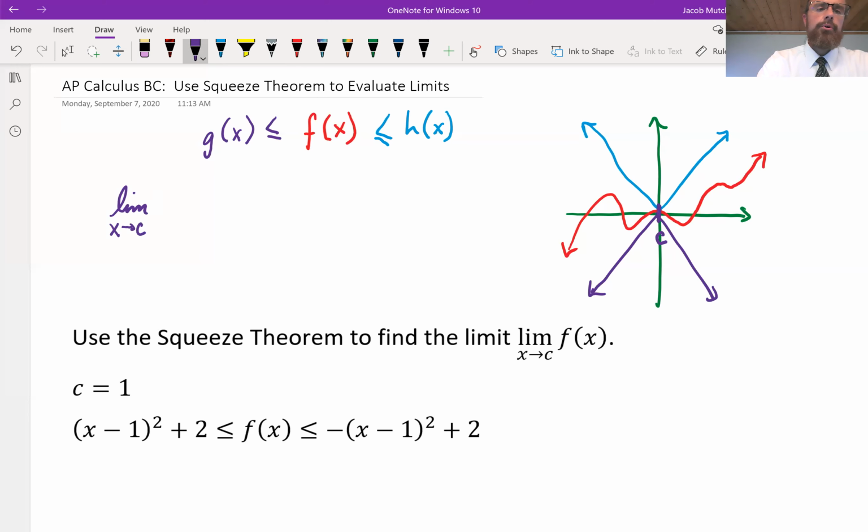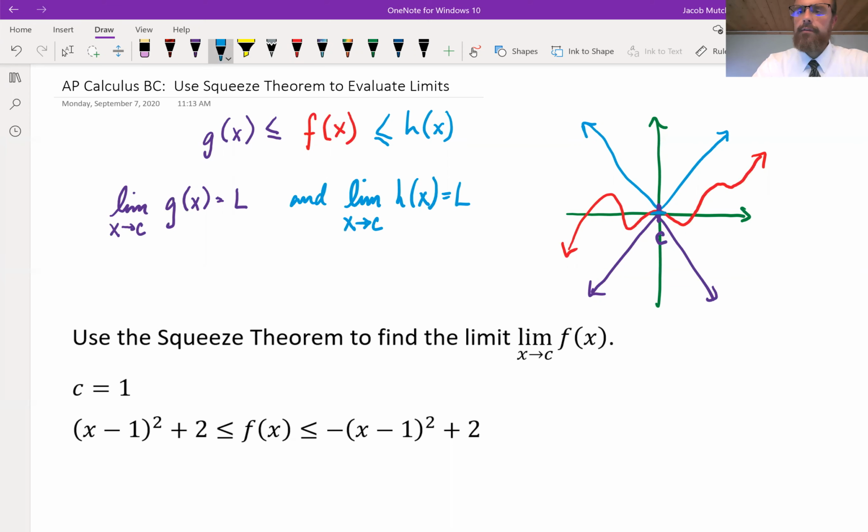If the limit as x approaches c of g of x equals some number L, again that's a y value as x approaches c of this function g of x, and if I also claimed that the limit as x approaches c of h of x also equals L, which is represented here in our graph, that y value where both those graphs are meeting is L.